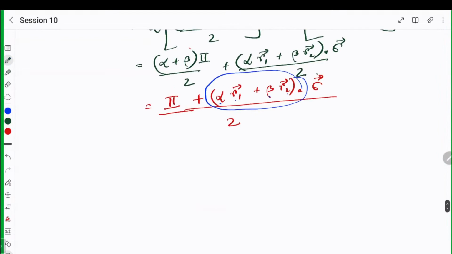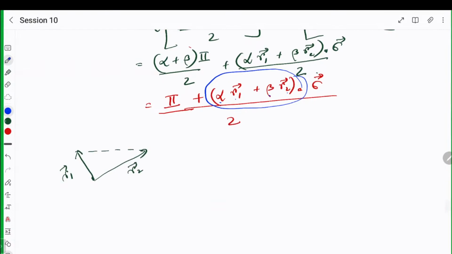So you have, say, R1 here, let's say R2 here, and you want to find out what alpha R1 plus beta R2 would look like given that alpha plus beta equal to 1. So in order to understand that, let's look at a similar example which happens in classical mechanics.